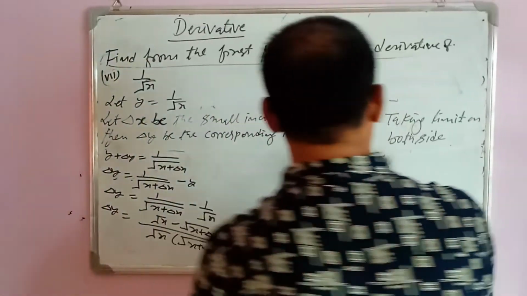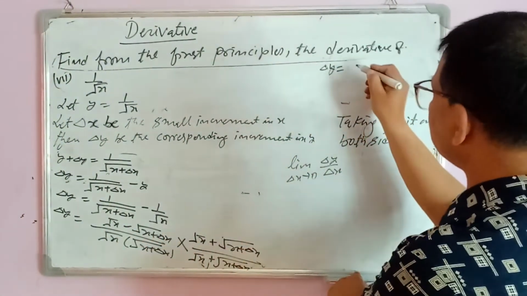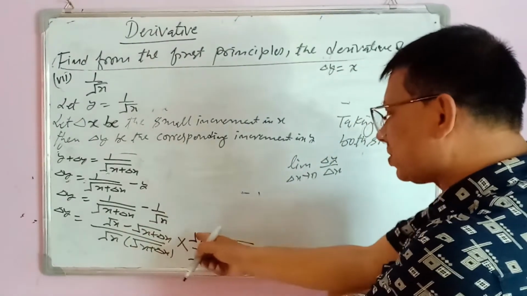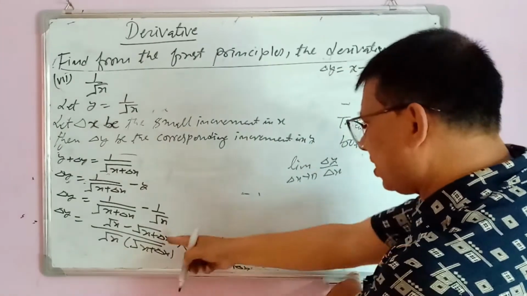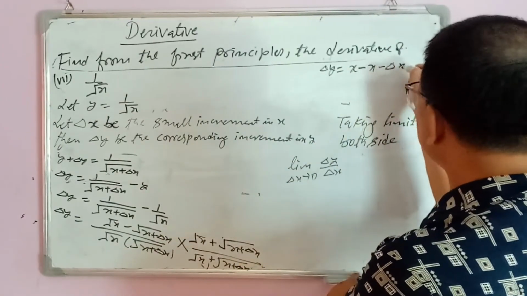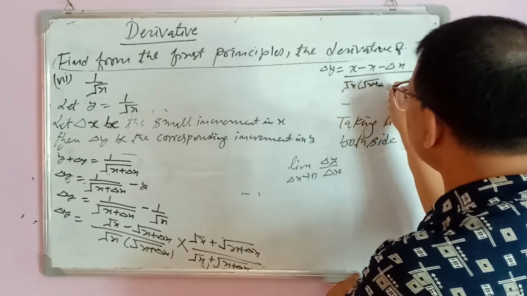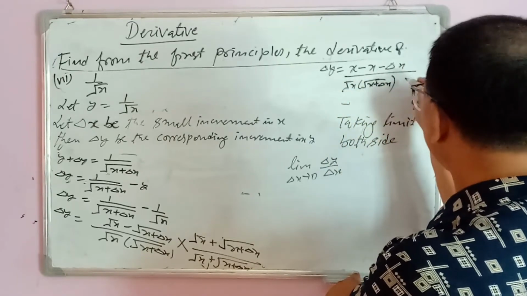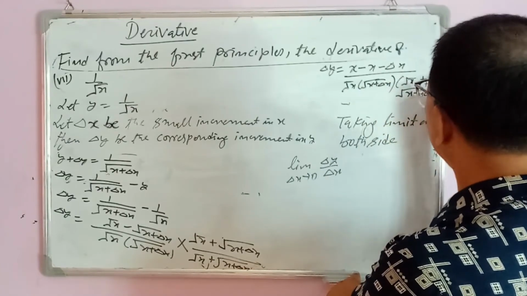Now delta y equal to a minus b, a plus b, that is a square minus b square. Root square means root removed: x minus x minus delta x upon root x plus delta x and root x plus root x plus delta x.